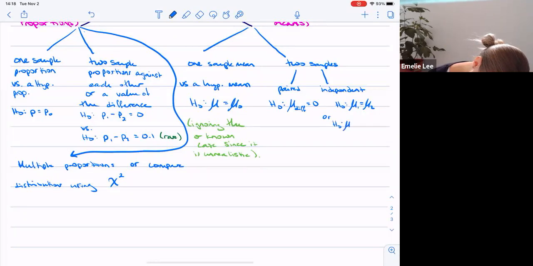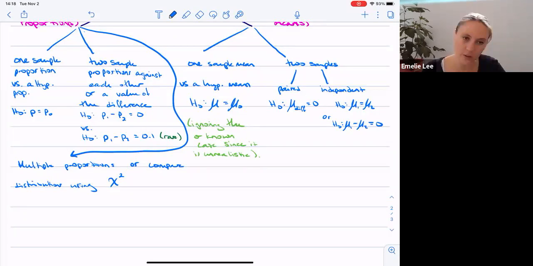Or mu1 minus mu2 equals 0. Depends on what you like. Some people like to set it equal to 0. They think it looks nicer. I actually like to have less writing, so mu1 equals mu2 means that mu1 minus mu2 equals 0. They're the same, so you can use either or. But I just like the symmetry of just having a thing equal to another thing.